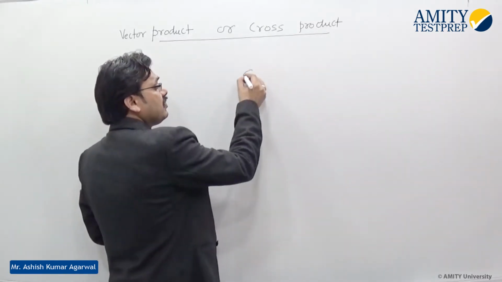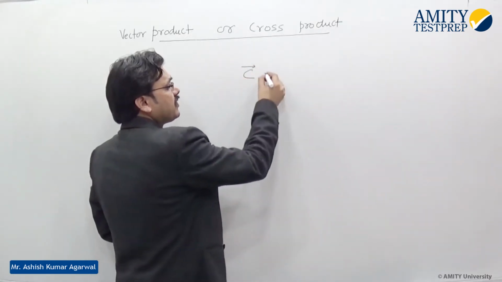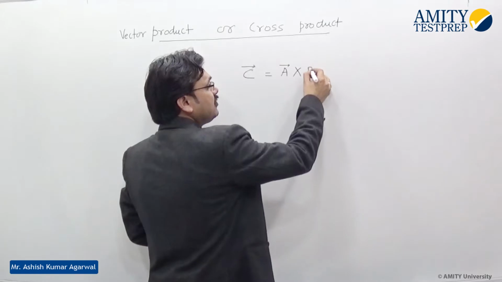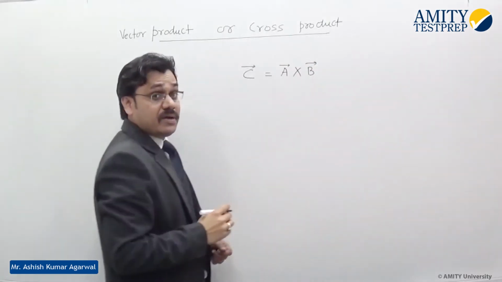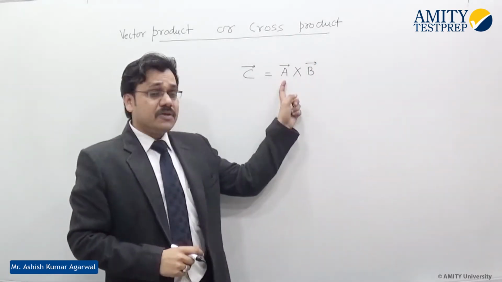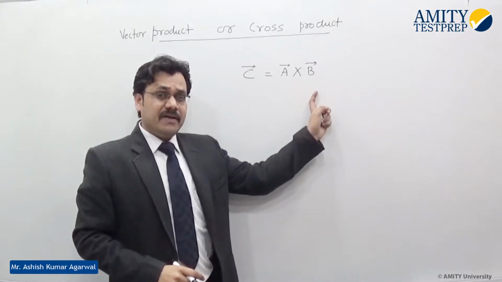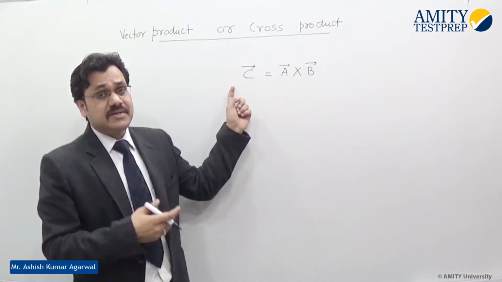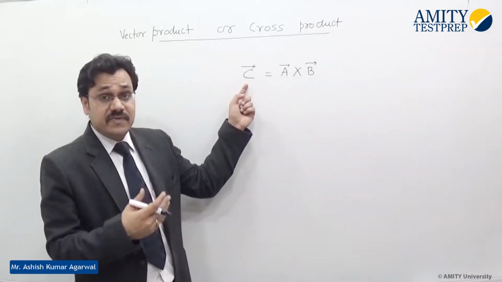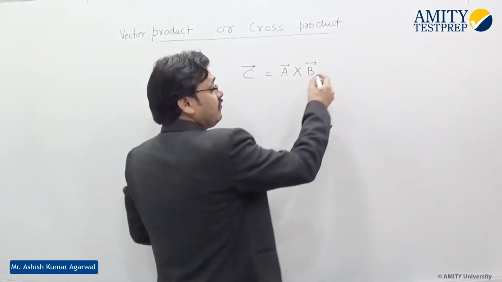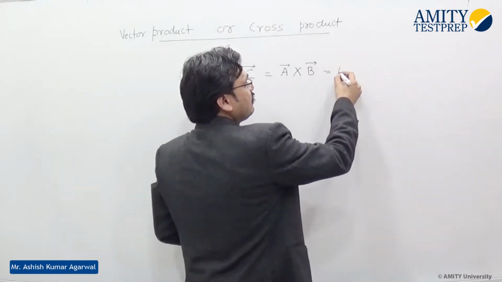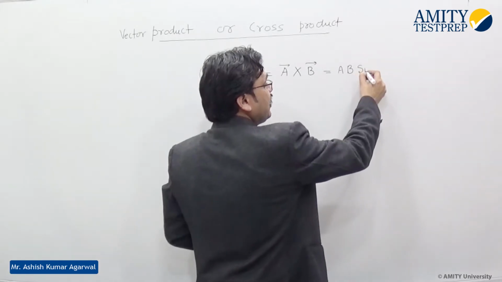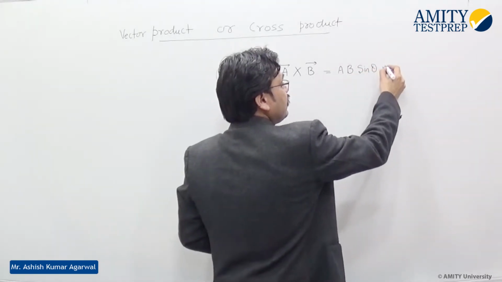So here I will write vector C equals vector A cross vector B. Here you can see the cross product of vectors A and B gives a vector C. The formula for A cross B is the magnitude of A, magnitude of B into sine theta into n cap.